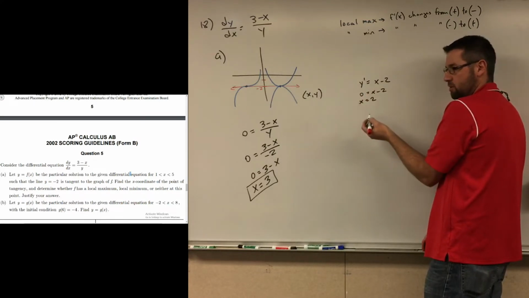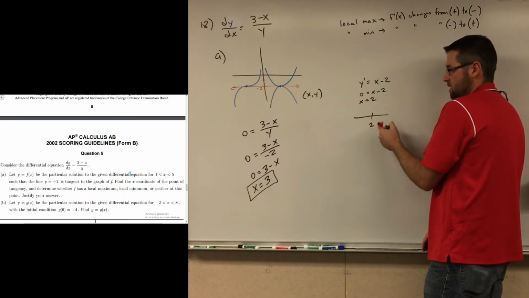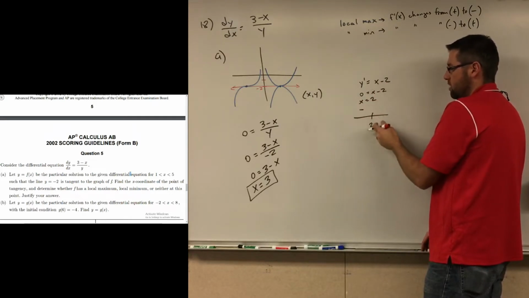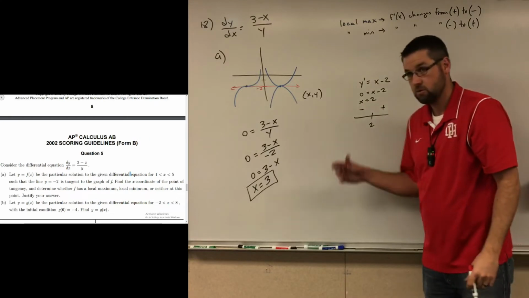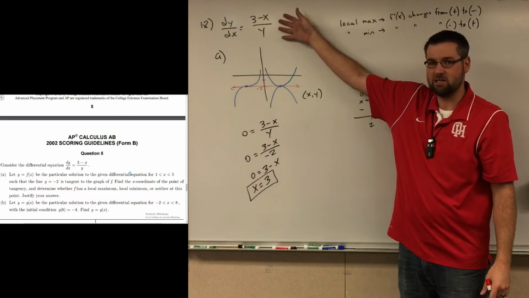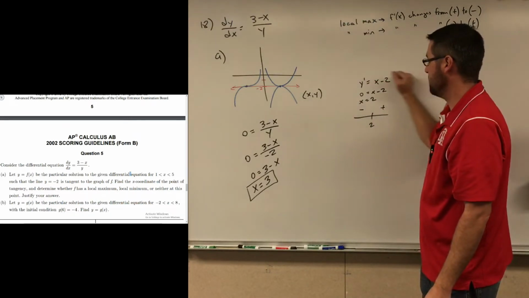Then what do you do? You do a number line at x equals 2, right? And then you pick a number to the left, like 0, so you get negative. Pick a number to the right, like 4, you get positive. So therefore, this is a minimum. The problem is we've got a y in this equation. So this makes it more complicated.